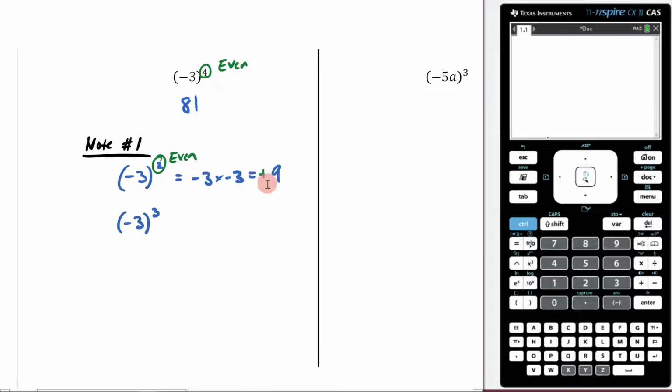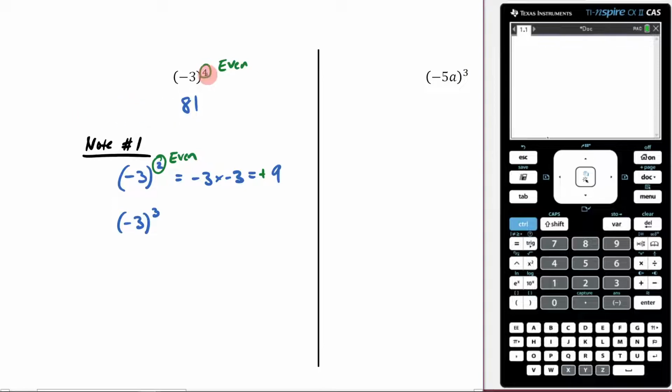And if I raise this to the power of 4, as we did up here, you don't have to write this down, but what this is saying is negative 3 times negative 3 times negative 3 times negative 3 is equal to 81. Do you see how these two negatives will cancel and these two negatives will cancel, leaving me with a positive?